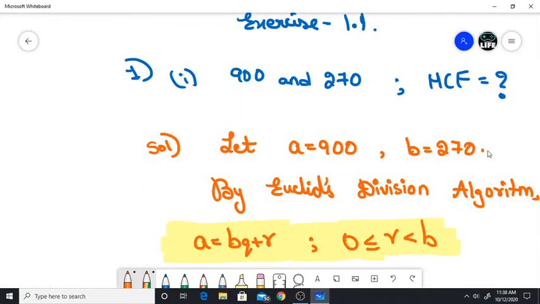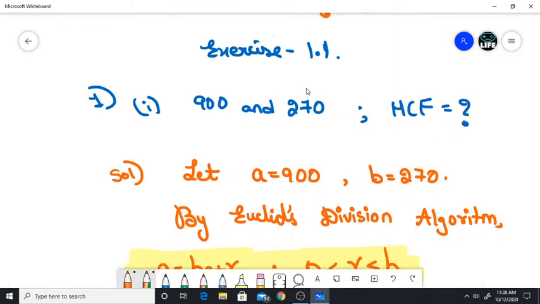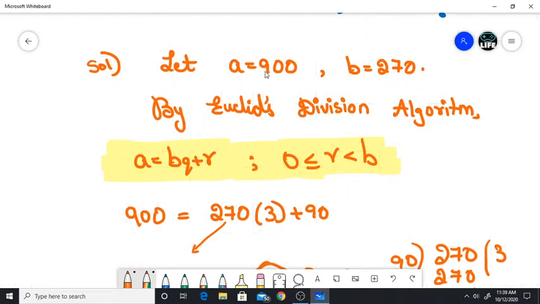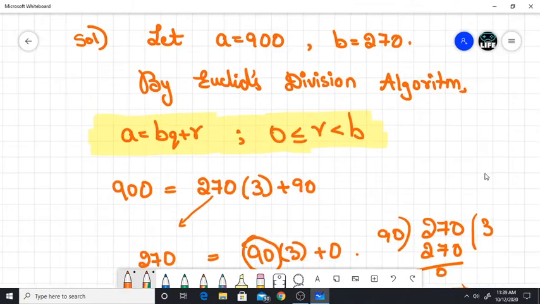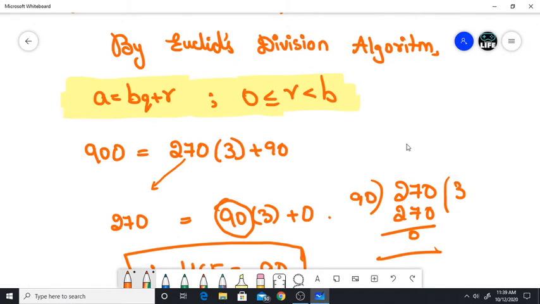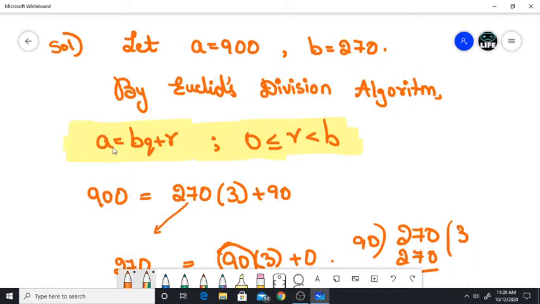I will explain you again. In exercise 1.1 first sum, it is given find the HCF of given two numbers 900 and 270. Solution, let A equals to 900 and B equals to 270. By Euclid's division algorithm, A equals to BQ plus R, 0 less than or equals to R less than B. So 900 equals to 270 into 3 plus 90.